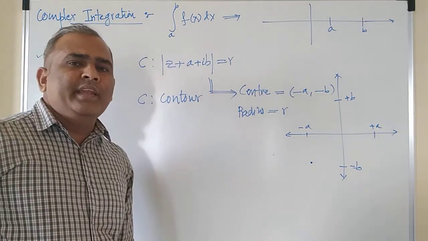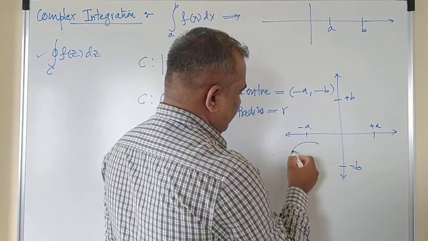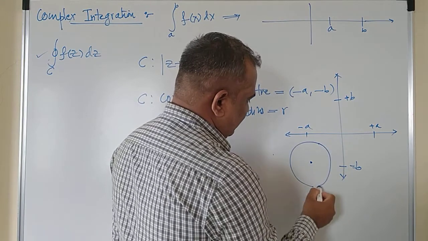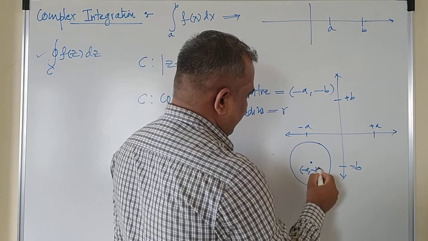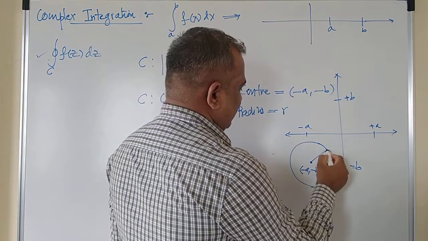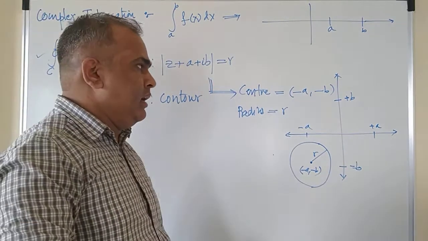So r is any real number, but we don't have a value now, so let's assume any value of it, and this will be your contour with center minus a, minus b, and this is the radius of the given contour, right?